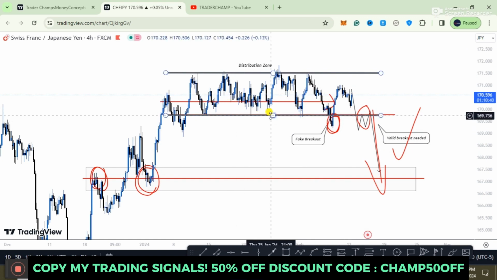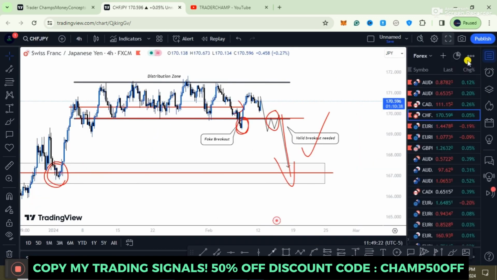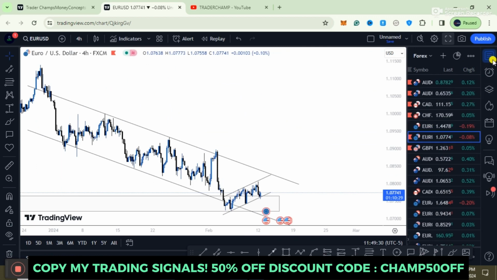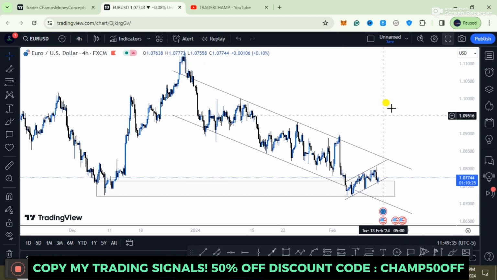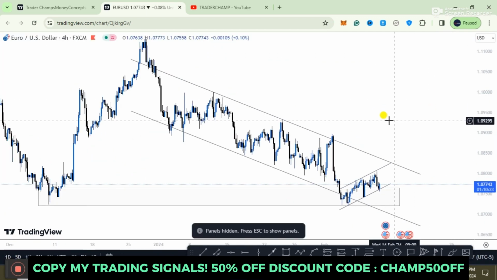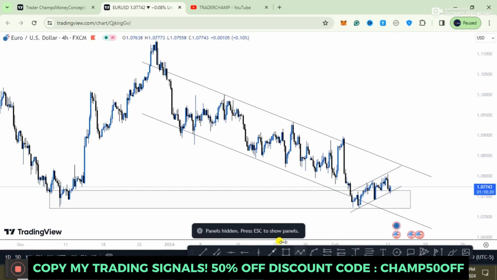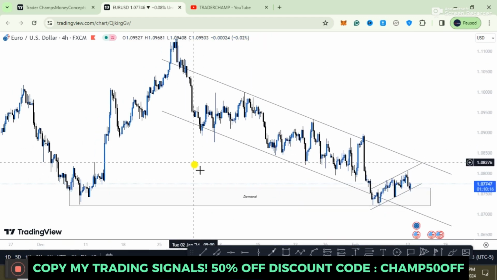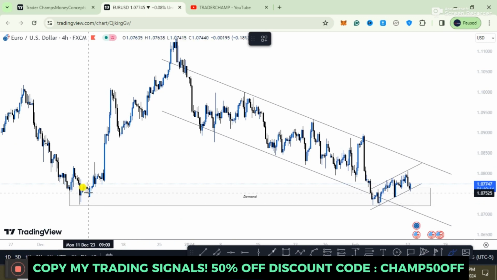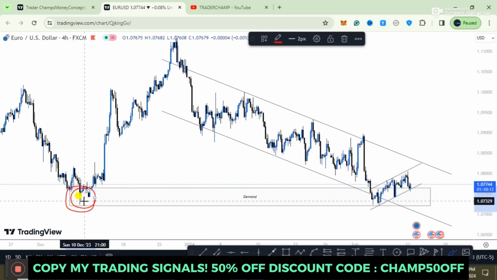So let's move into the other currency pair, which is the Euro USD, right? On the Euro USD, once again, there is another basic structure. We have the demand zone, which has been created with its previous swing low and the bullish trend that it has built.